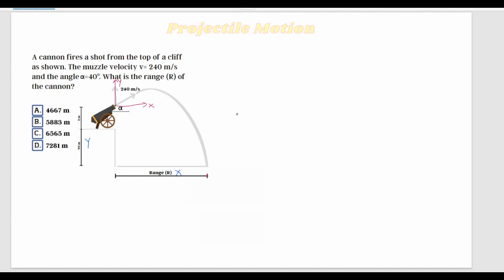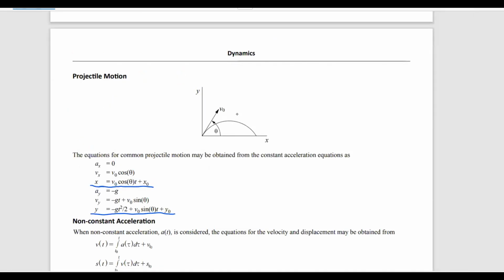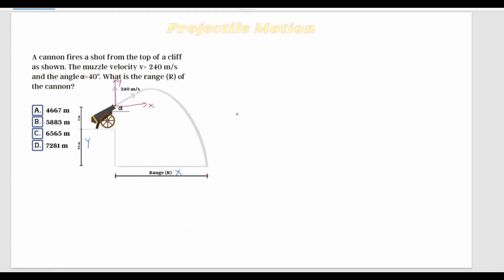As I mentioned before, we're going to use these two equations, which represent the horizontal and the vertical distance. So let's write them down. I'm going to say here x is equal to x0 plus v, and this v is our speed, which is 240 meters per second. And then we have the x and y components of this v, because this particle moves horizontally and then vertically.